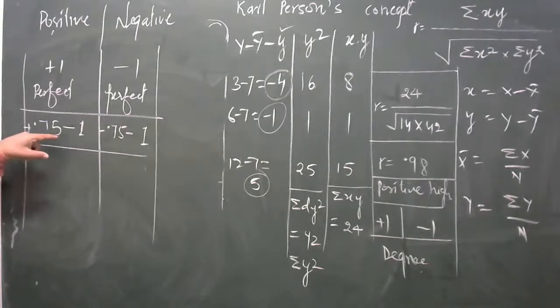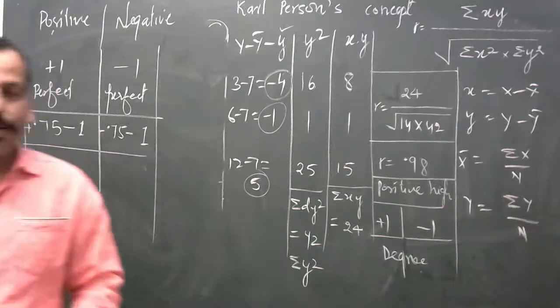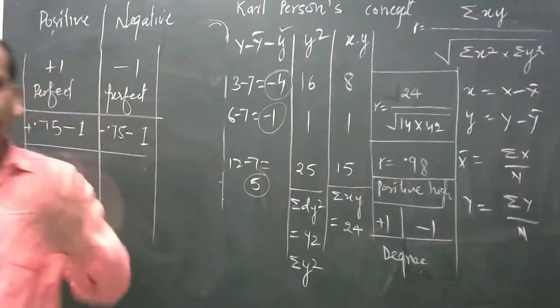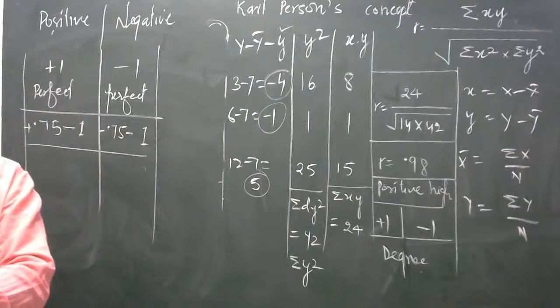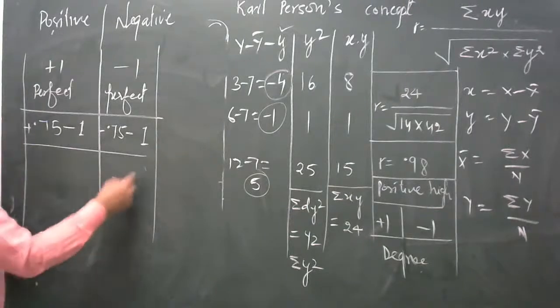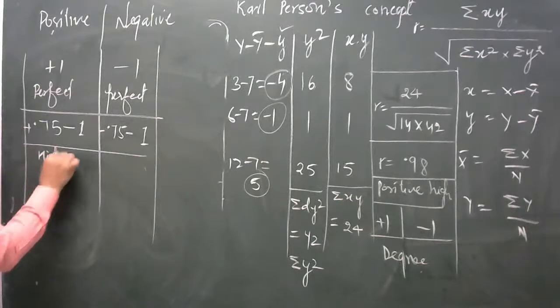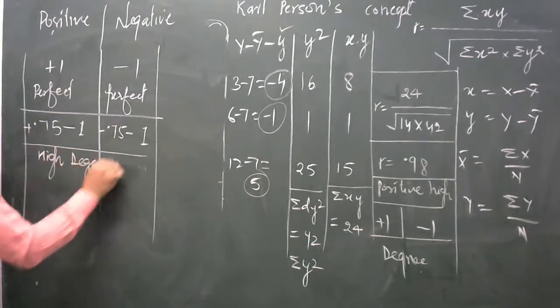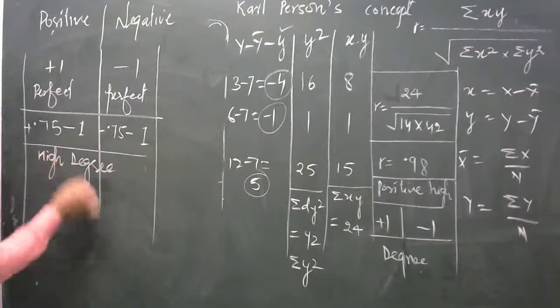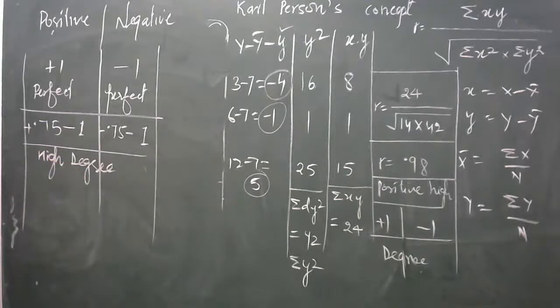If the answer is between 0.75, 0.85, 0.95, either plus or minus, you have to mention high degree, either positive or negative correlation between the given two variables.